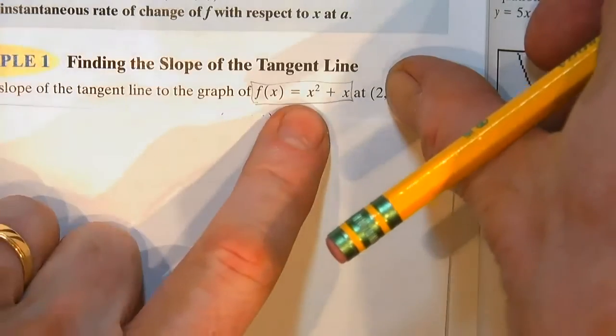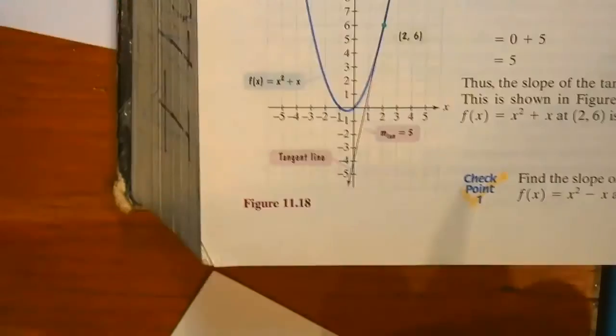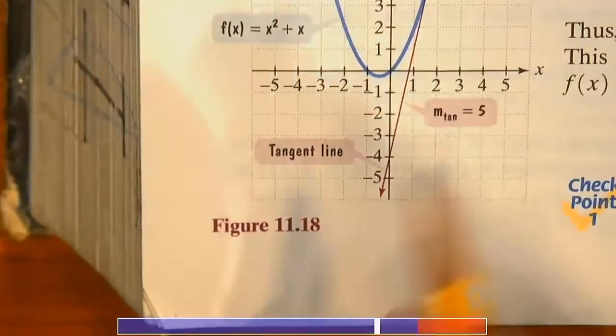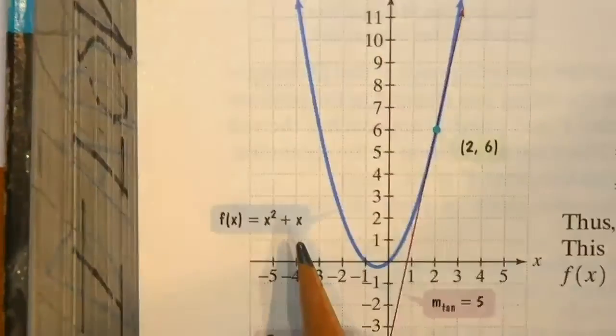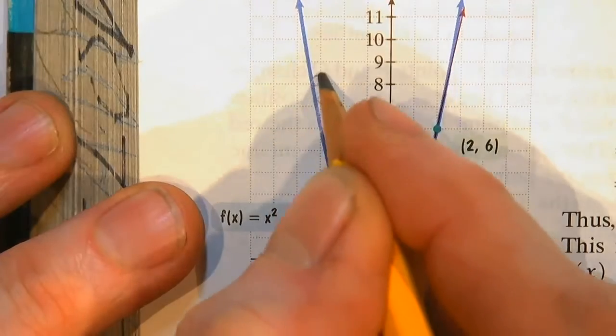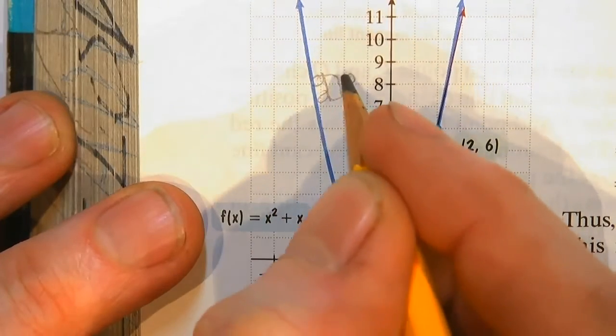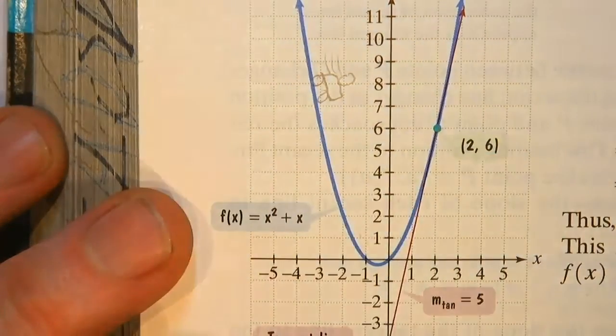Now this is a parabola. In fact, they actually graphed it down here. Isn't that nice? There's the parabola. Here's the equation x squared plus x. And we're saying, what's the slope of the parabola? If you're on a little roller coaster car here, there you are. Whee! You know, going down the ride.